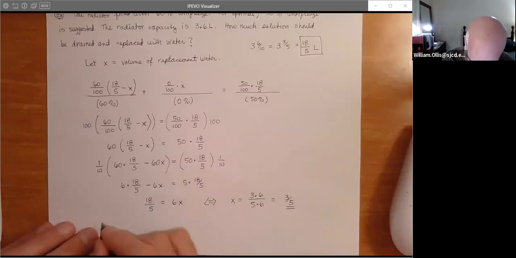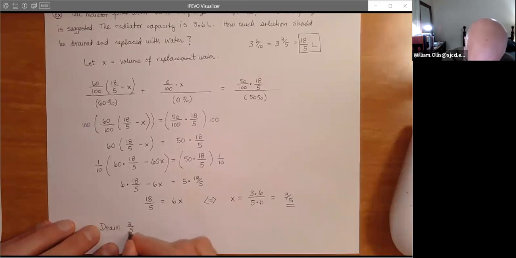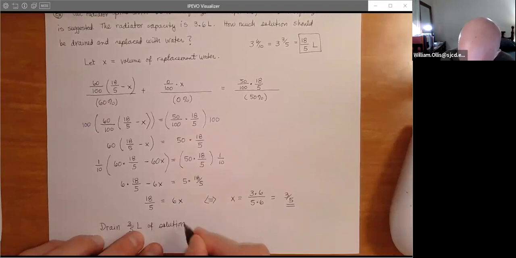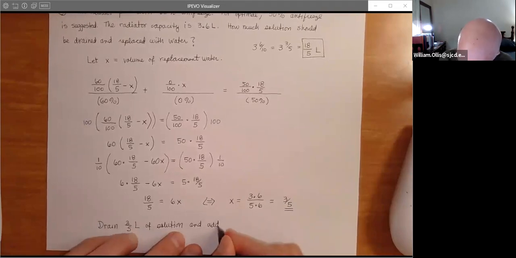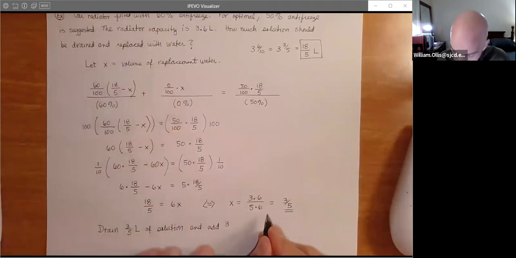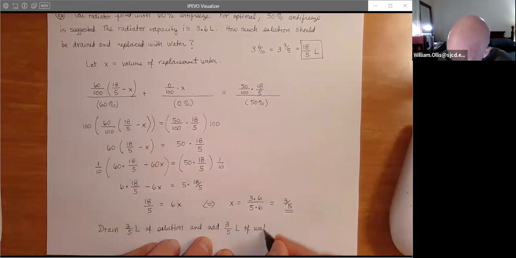So now this just says drain 3/5 liters of solution, well, when I say solution, the 60% solution, and add 3/5 liter of water.